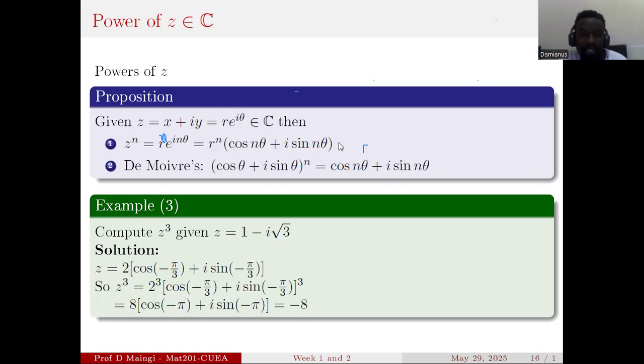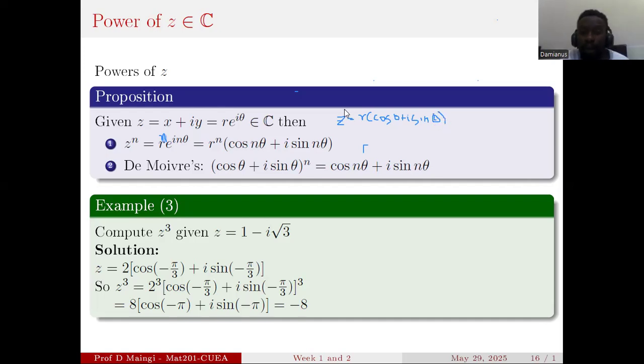So what we have actually taken a shortcut of is, you see, z is the same as r(cos θ + i sin θ). All right, so this is the polar form.